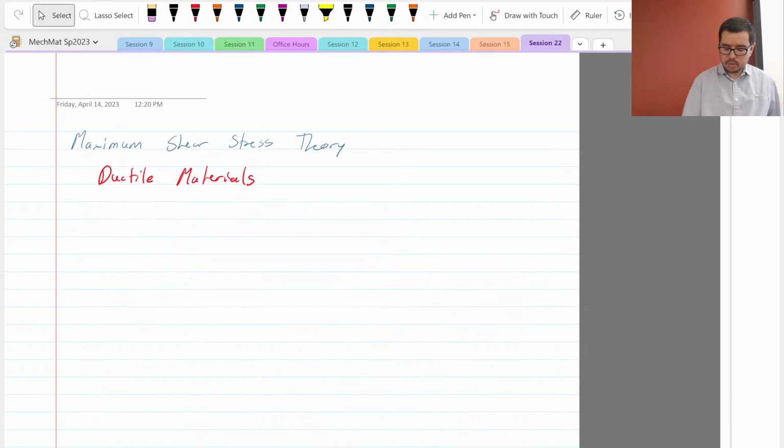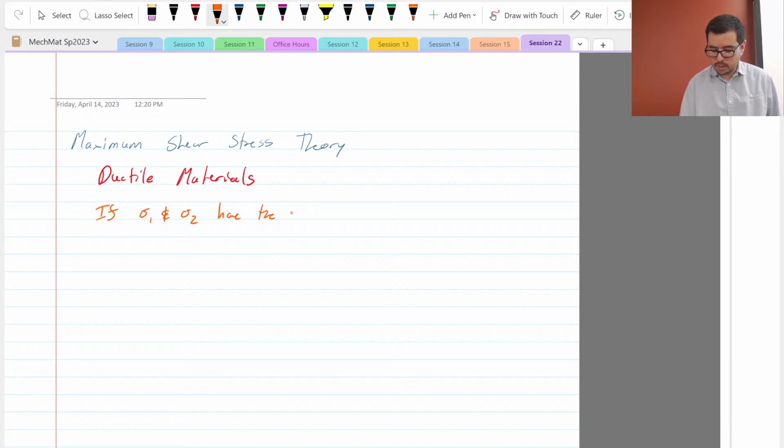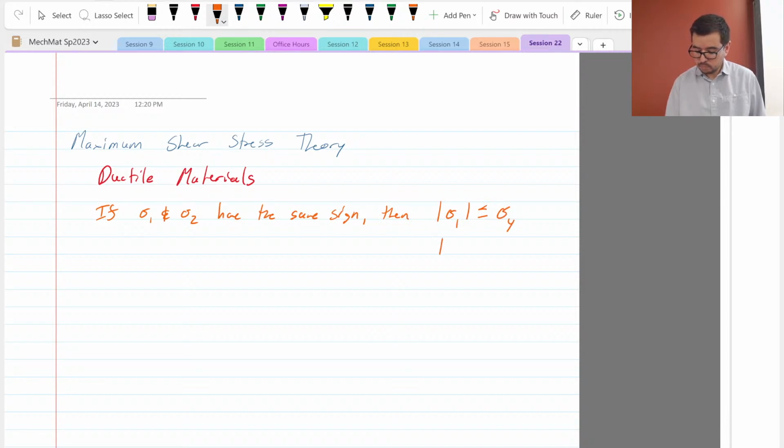So for ductile materials, in this case, we do have the condition where if sigma 1 and sigma 2 have the same sign, then we say it's less than the yield strength.